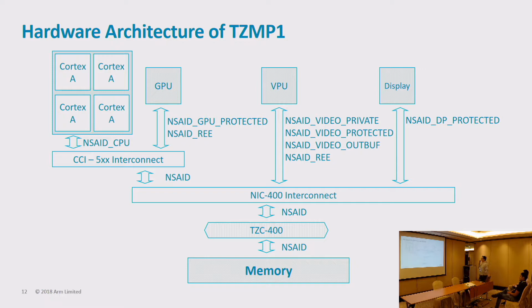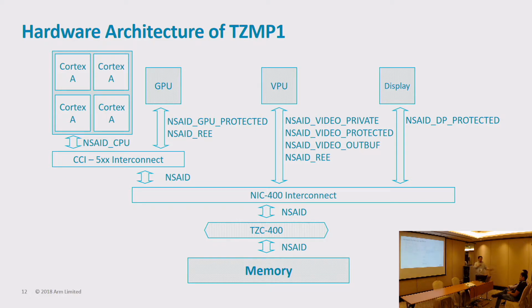And the VPU has more NSIDs, because our Mali VPU is designed to run with firmware. So when it accesses the firmware and all the firmware-related things, such as the page tables or the intermediate buffers, it needs to access the memory with a private ID. If it changes to decode the protected bit streams, it will use the protected NSID.